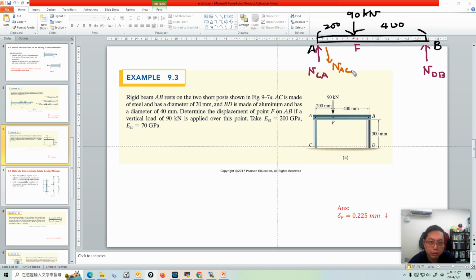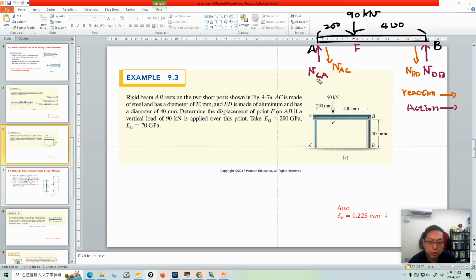In reverse, I call it NAC, and there's a reaction force here, NBD. This is an action-reaction pair. This color is the reaction.